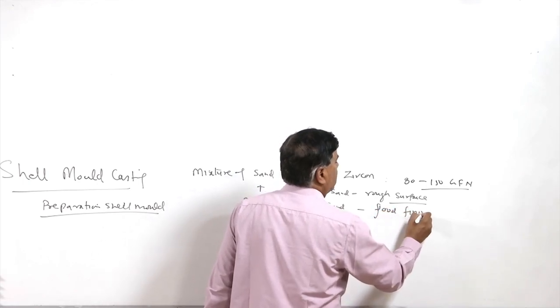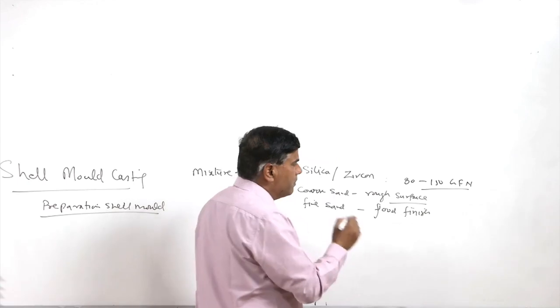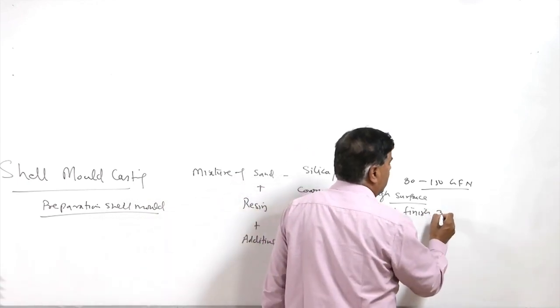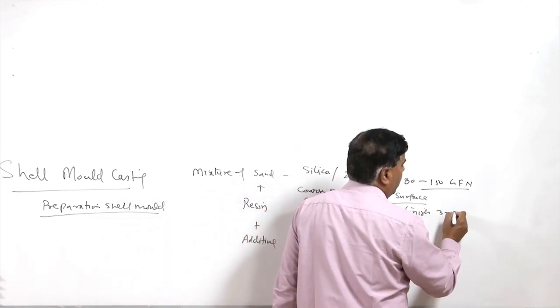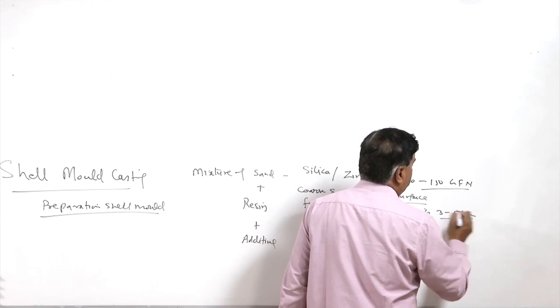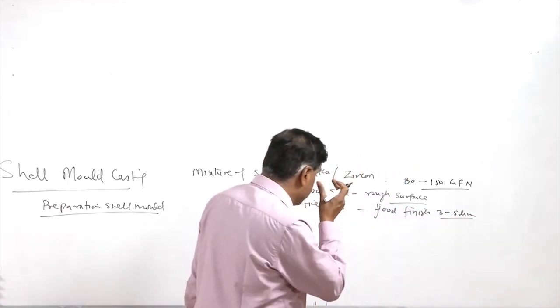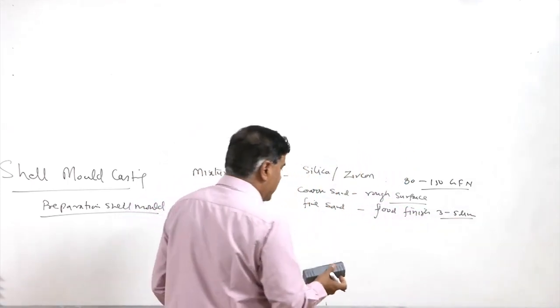The finish which can be achieved in this process is in the range of say 3 to 5 micrometer, using the fine sand grains.